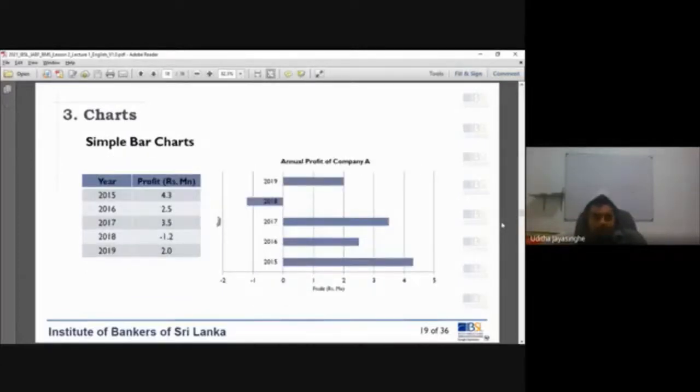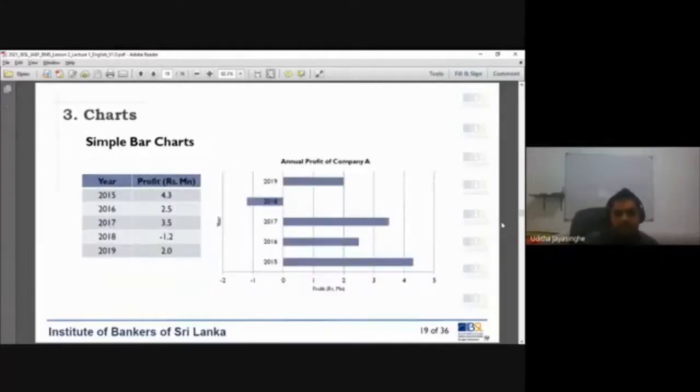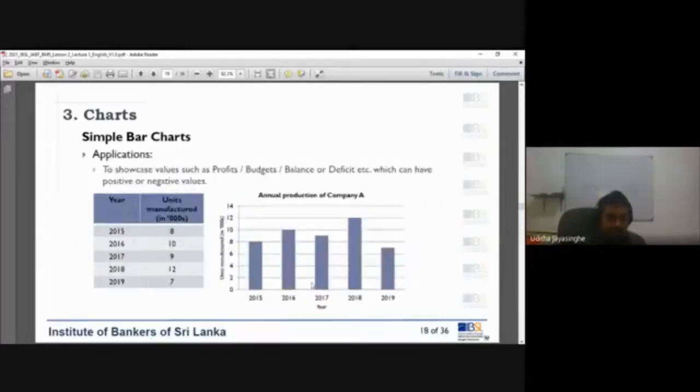Simple bar chart: the second form is the horizontal form. We call this the vertical form, and this is the horizontal form. This is also pretty similar, but if you have negative numbers, you may have to draw the bar chart with a greater height.